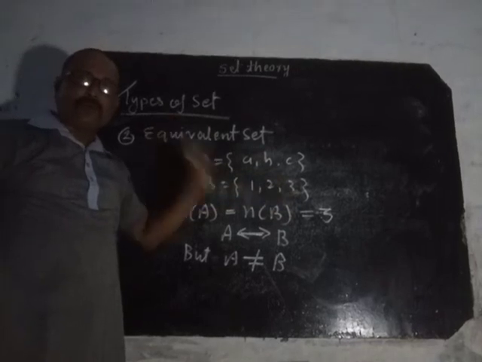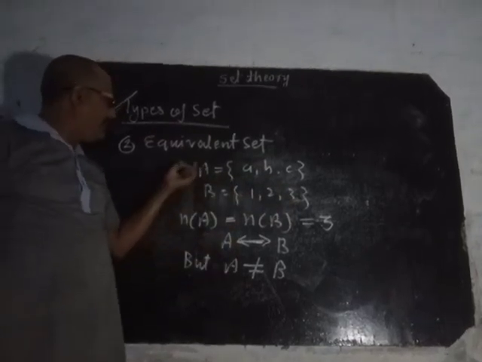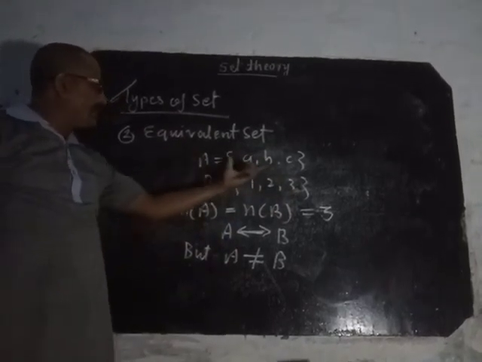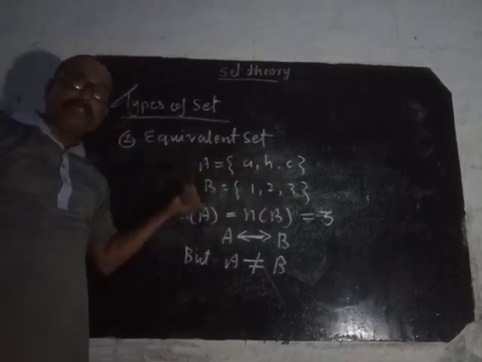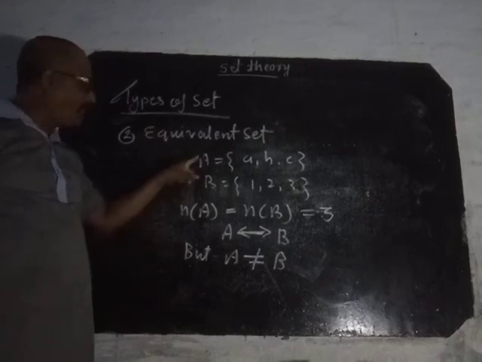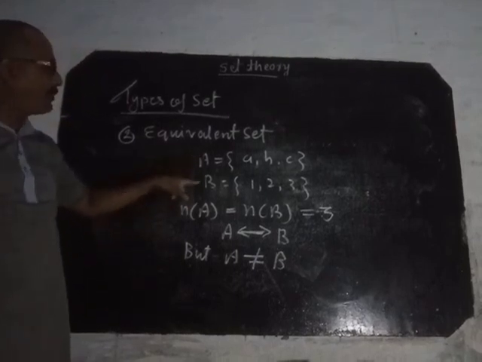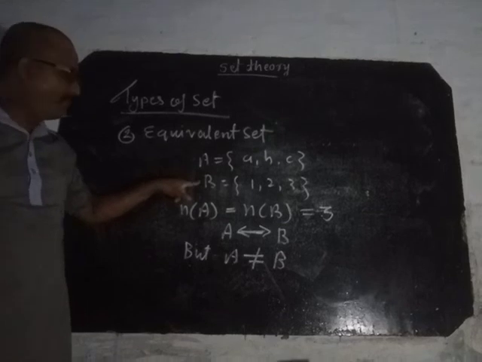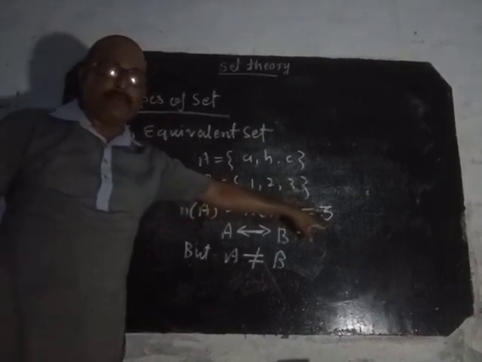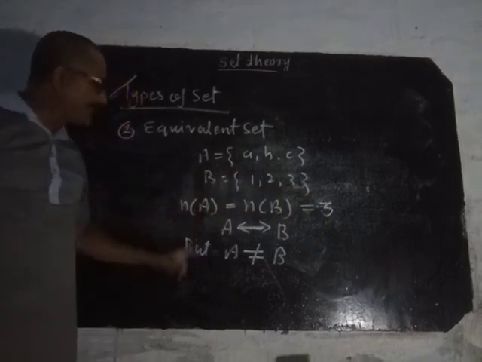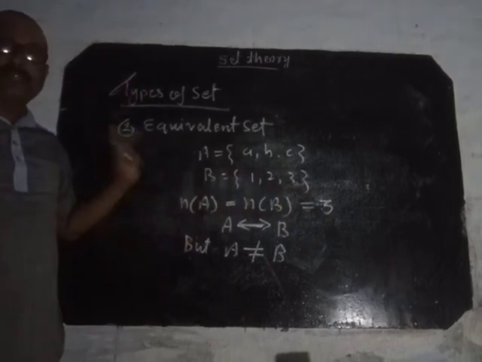In equal sets, the elements of both sets should be the same. But in equivalent sets, the number of elements in both sets should be the same. Set A and set B each have 3 elements, so both are equivalent sets.